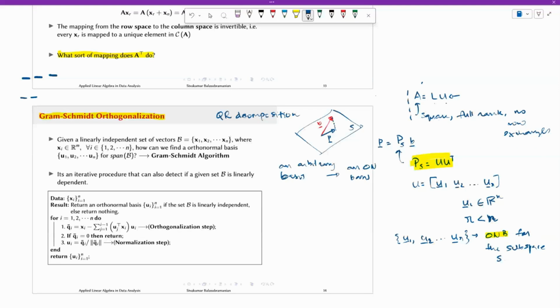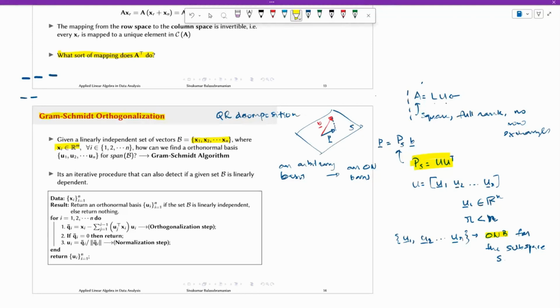Now, let's say we start with a basis, x1 to xn, where each xi belongs to Rm.